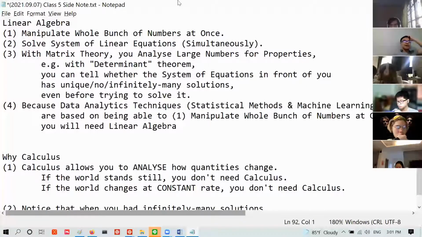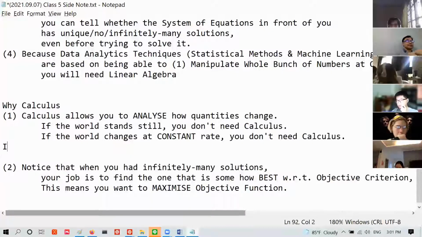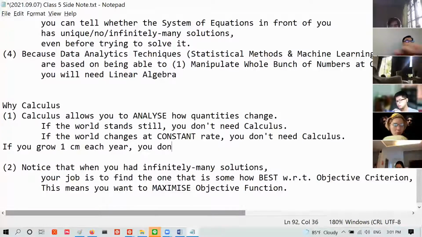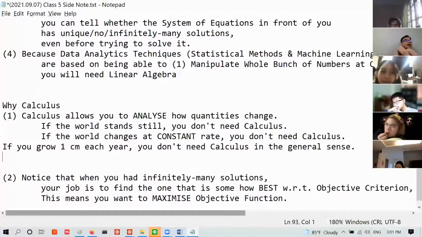Now, what do I mean by that? If you grow 1 centimeter each year, you don't need calculus in the general sense. Why?